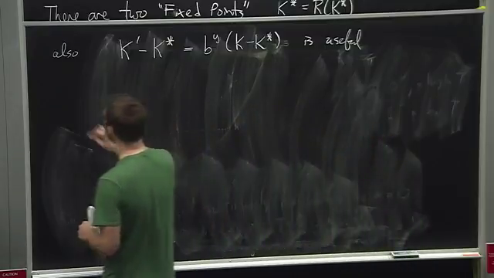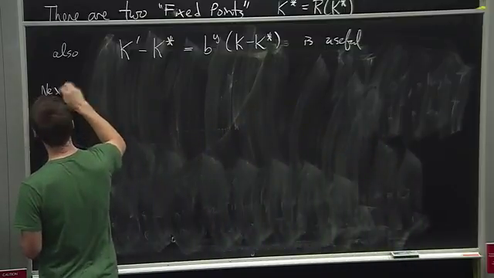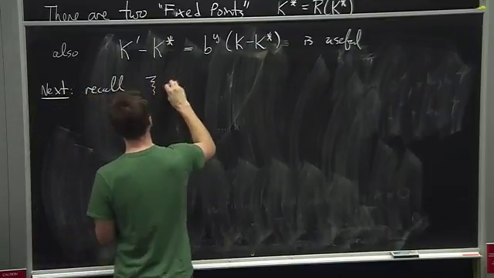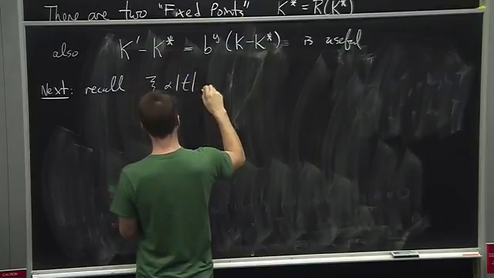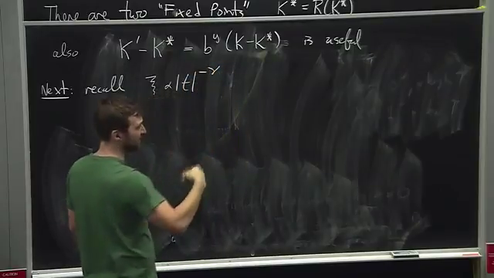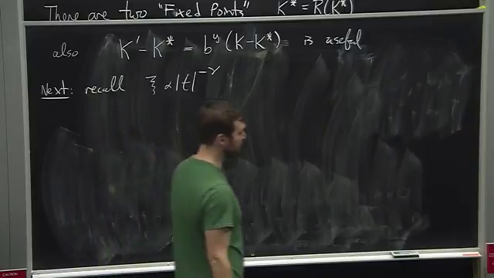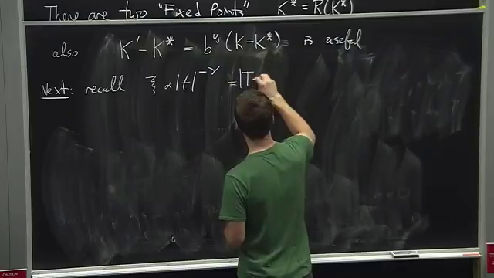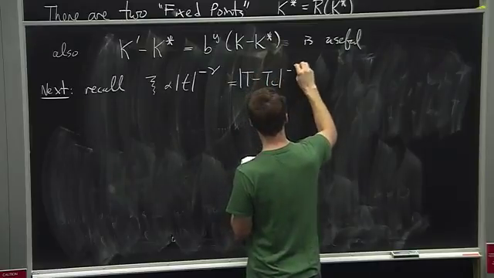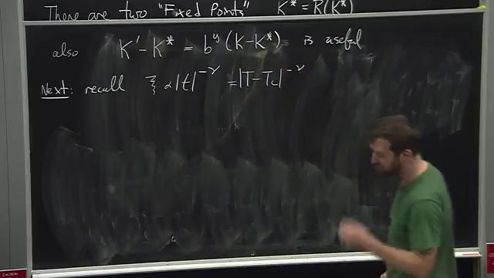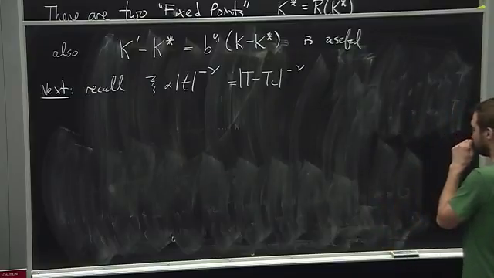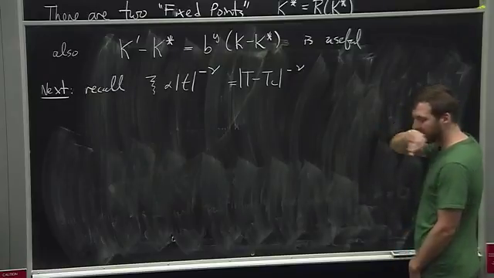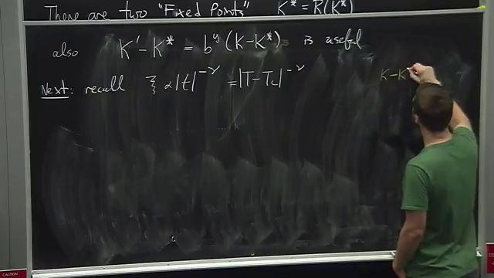Okay, so remember the correlation length? I'll say it's the reduced temperature to the minus nu, the scaling exponent. The reduced temperature is just T minus Tc. Let me see if this works. I have K minus K star.